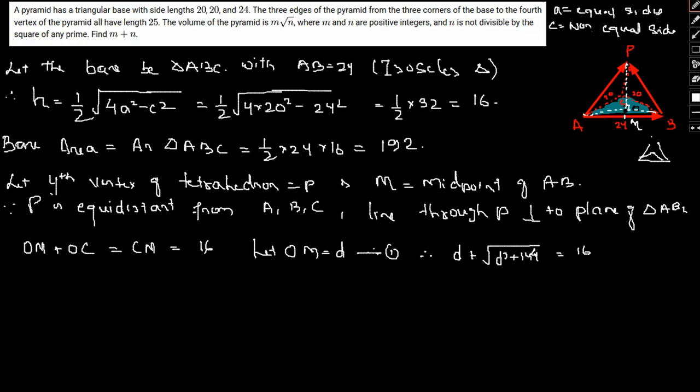So you have d equal to 7 by 2, and if we further figure out, d square plus 144 will be equal to 25 by 2. You can simplify by squaring both sides and then substituting the value 1, so that way you can easily determine it.